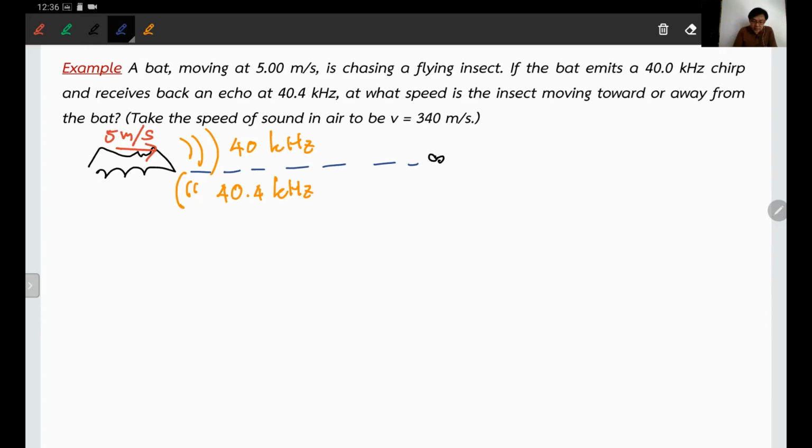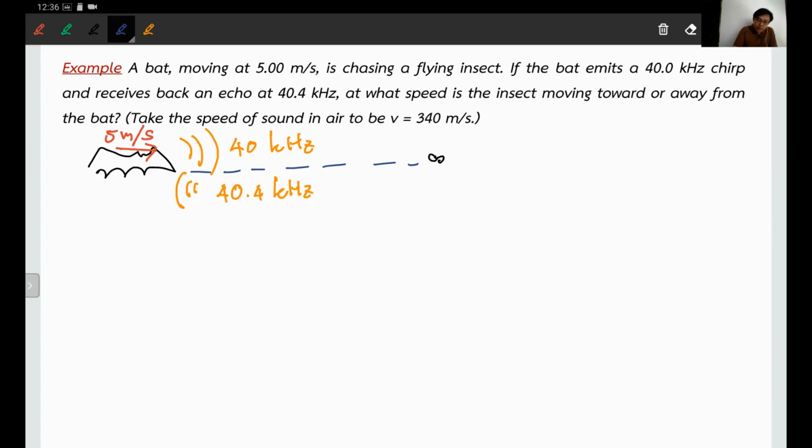The first half is when the sound travels from the bat to the insect. Sounds good? And then there will be an echo, coming from the reflection. So on the way back, the insect behaves like a source and the bat will behave like an observer for the second half. Sounds good?